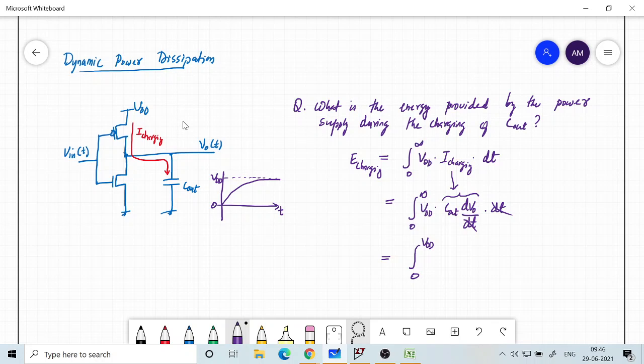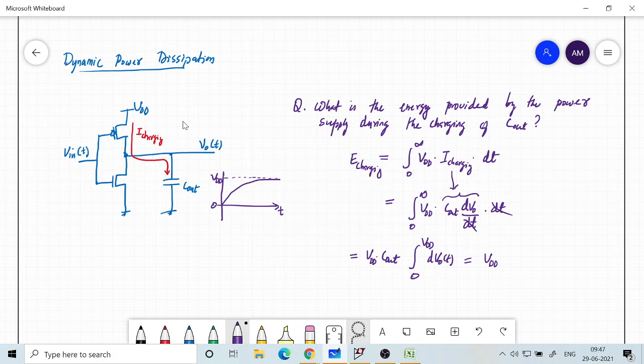So VDD is basically a constant in the integral. You can take it out. C out is also a constant. So those things we can bring outside. So VDD, C out, they are constants, and then we have dV naught of t. So if you integrate this, you will get VDD.